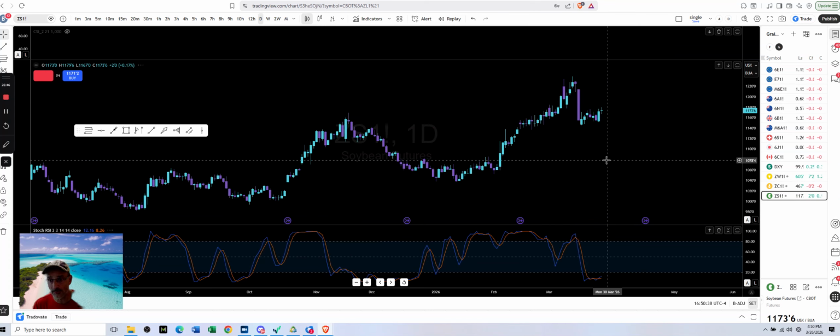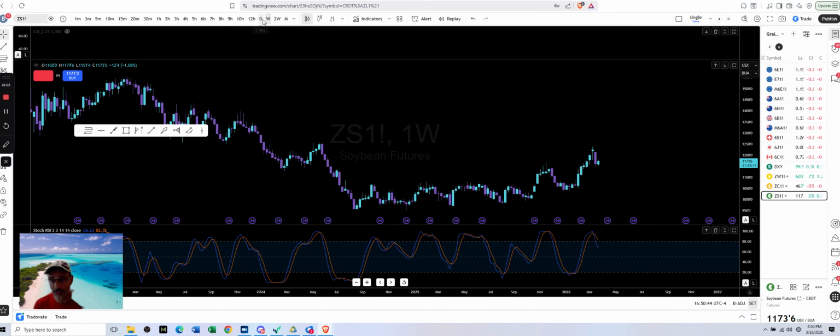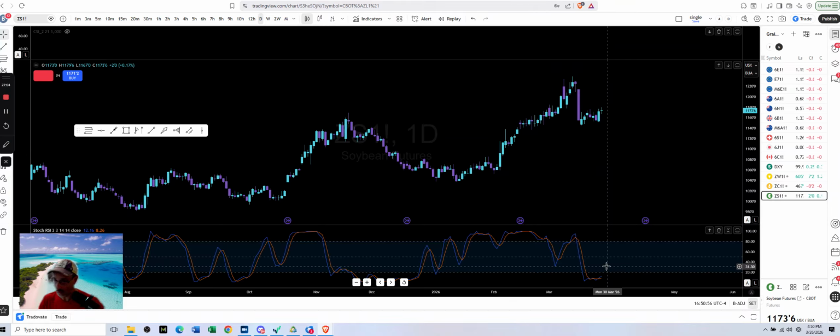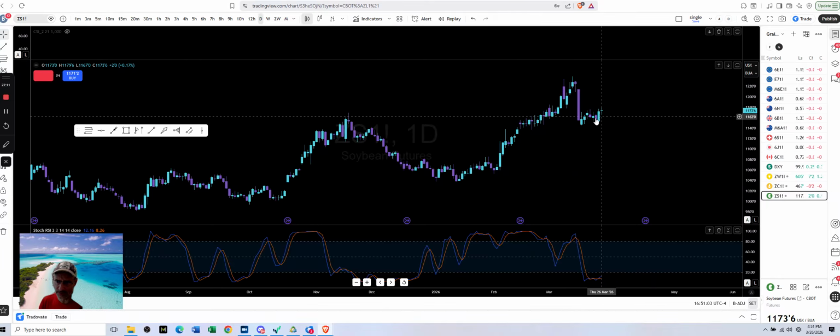And then soybeans, I'm not really too interested in soybeans right now. Overall, this market is still in an uptrend. We did have this big bearish candle here, but the stochastic RSI is still in the oversold area. I really like to see it bend and start coming out of this area if we're going to continue the uptrend. But with this giant bearish engulfing candle here, I'm a little bit leery about this chopping around in here.